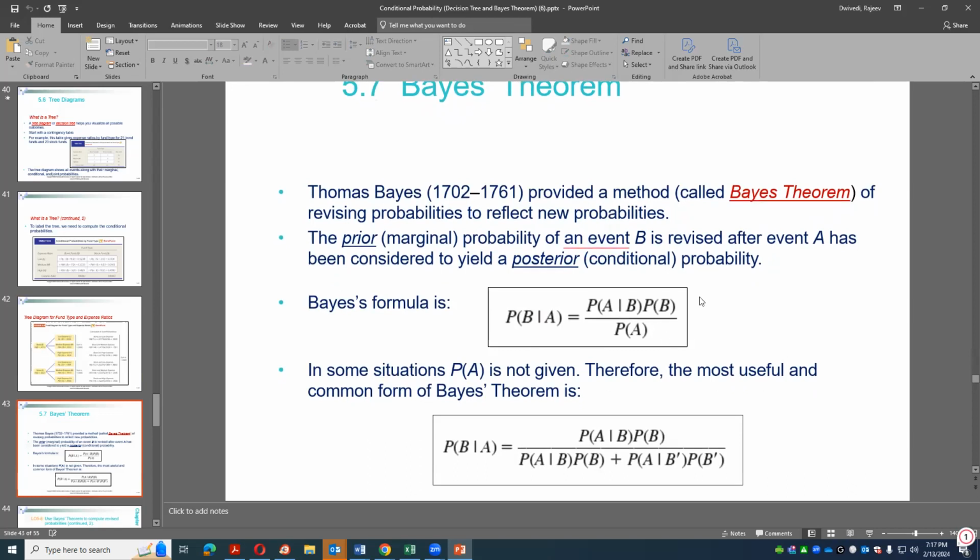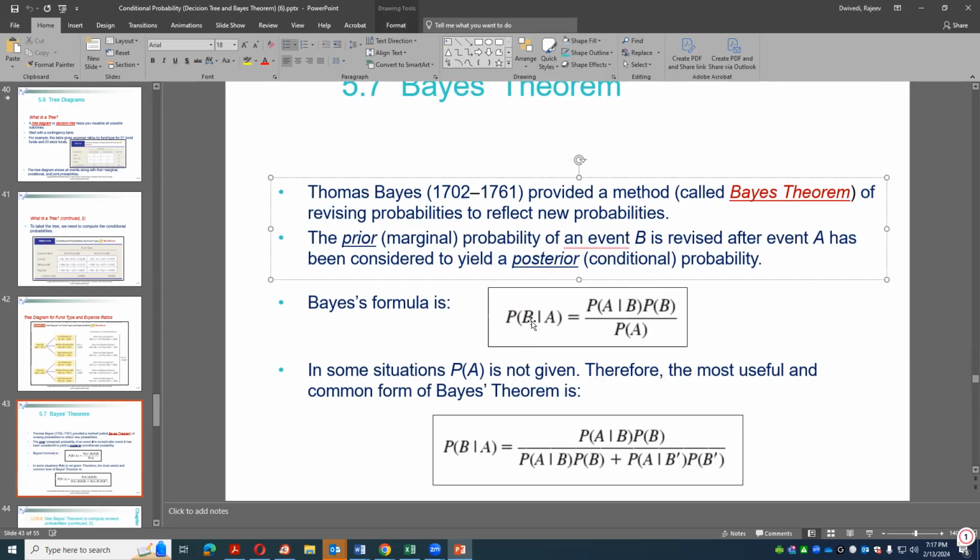One of the most important things is that the probability of an event is revised after one situation is considered to yield. So basically, the marginal probability of an event is revised after another event has been considered to yield. In simple words, the probability changes after one event has been considered to yield.